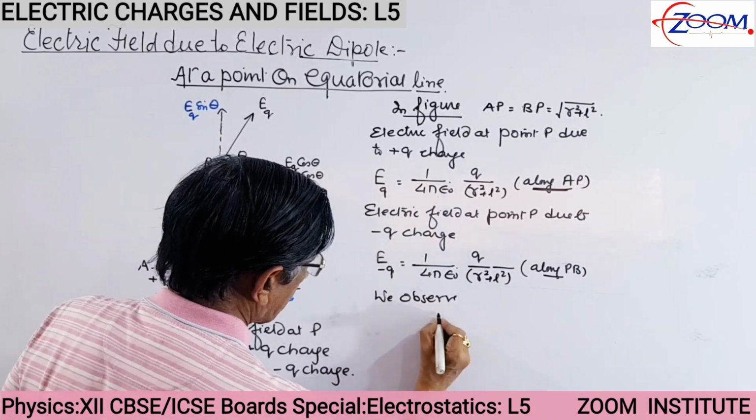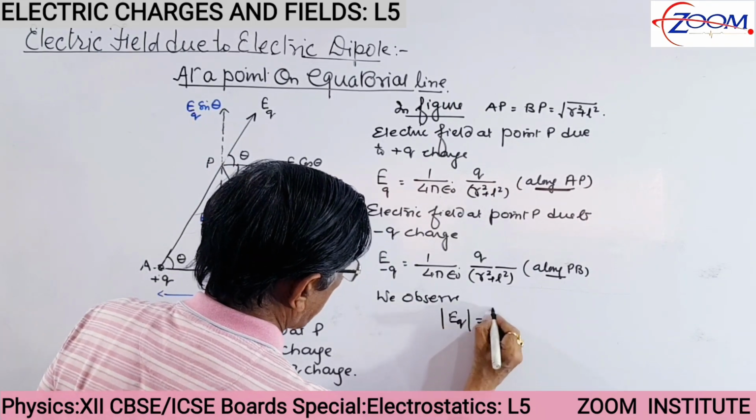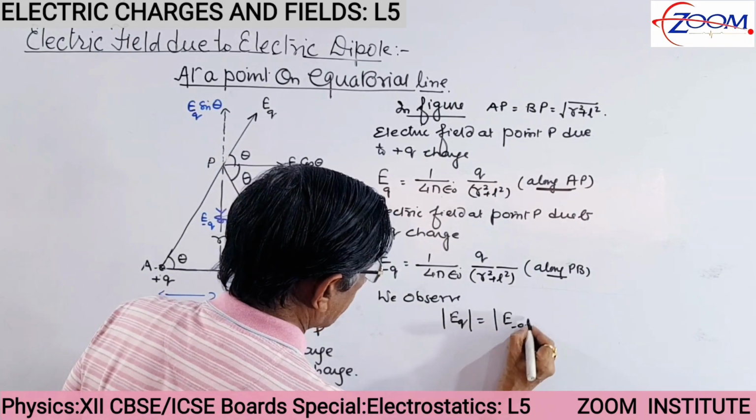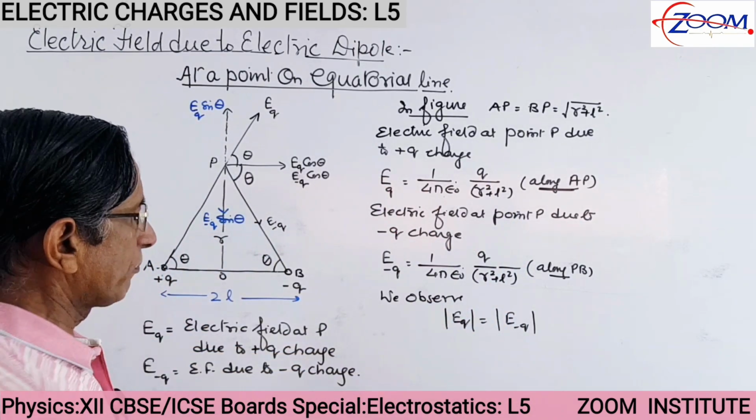We observe the magnitude of E_q is equal to the magnitude of E_minus q, because the magnitude of both the electric fields is the same.